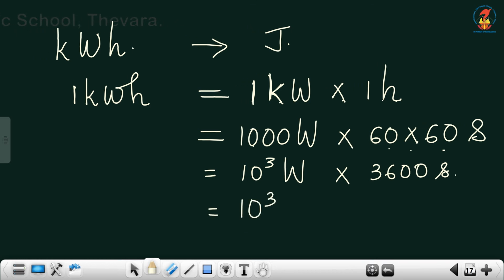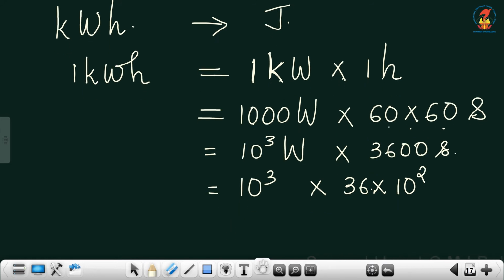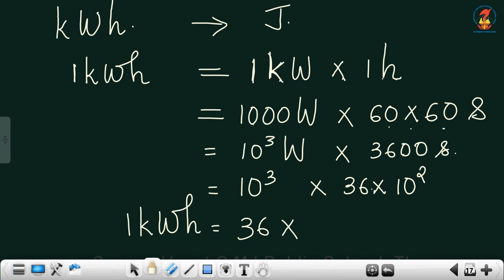That is 10 raised to 3 into 36 into how many zeros? 2 zeros. It can be written as 10 raised to 2. So 36 into 10 raised to 2 is 3600. We just converted it into the exponent form. That is, 1 kilowatt hour is 36 into 10 raised to 3 into 10 raised to 2.